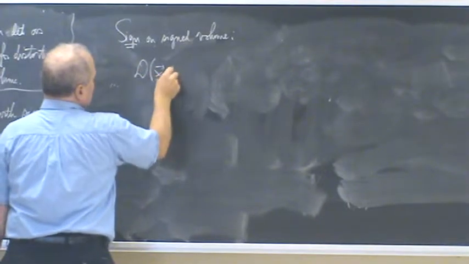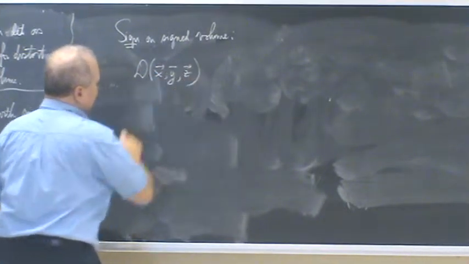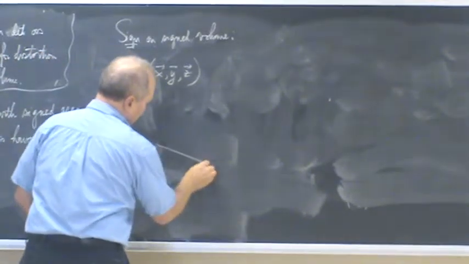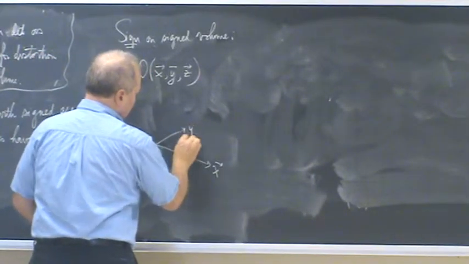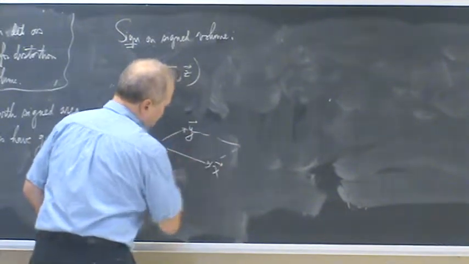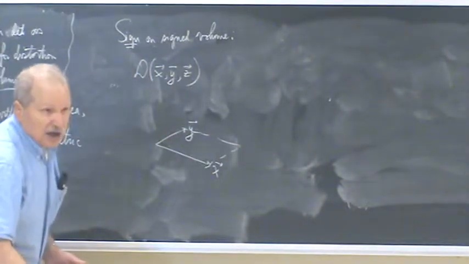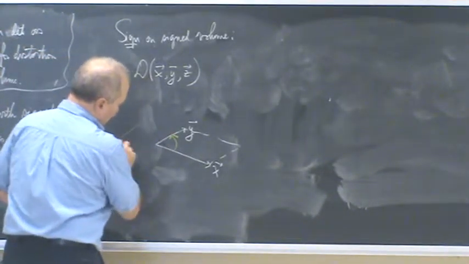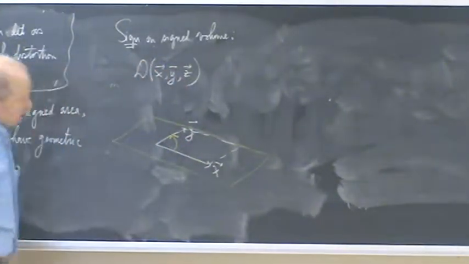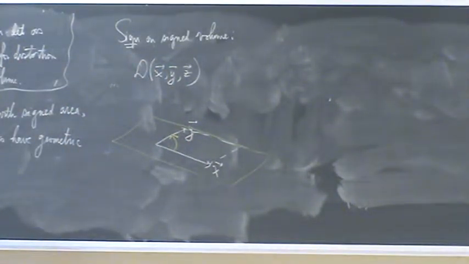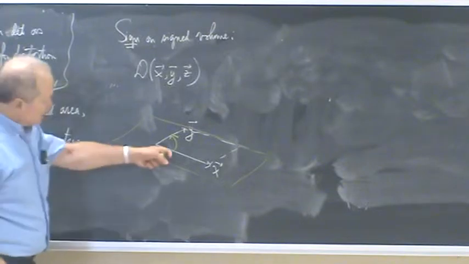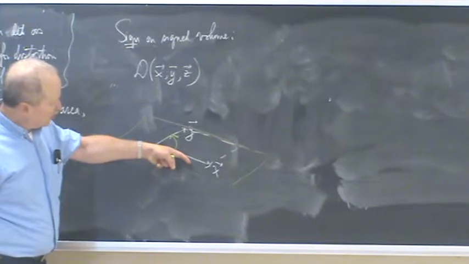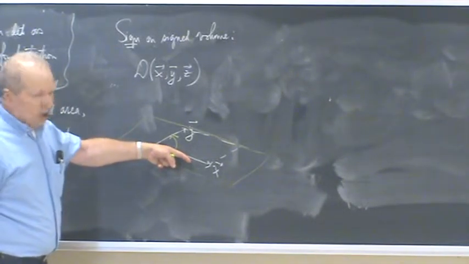If I have x, y, and z, think of the parallelepiped. X and y make a parallelogram. You can think of a plane that x and y determine here. Now, I'm going to have to say something that will make more sense in a few minutes. Think of a right-hand rule here.